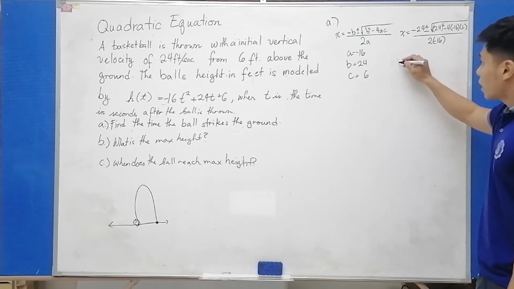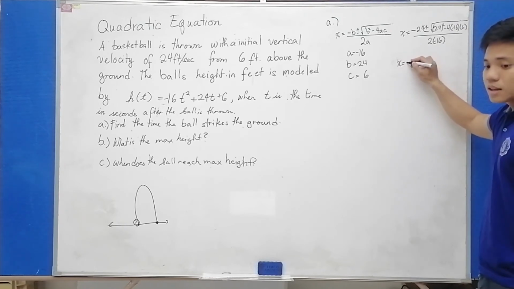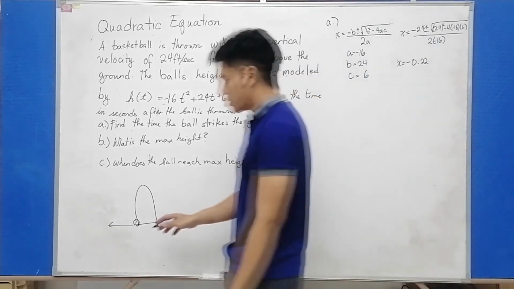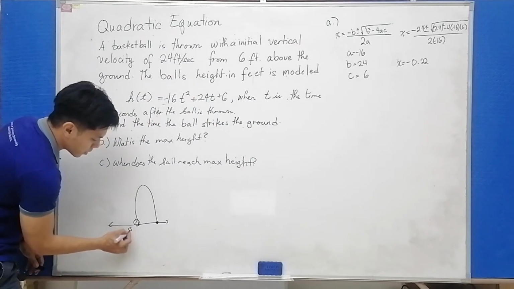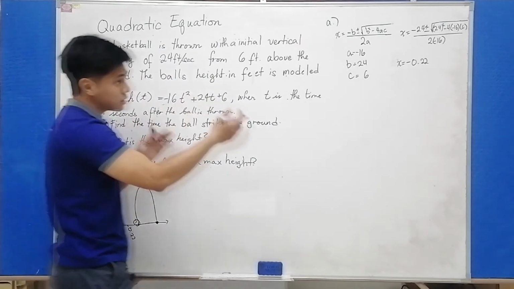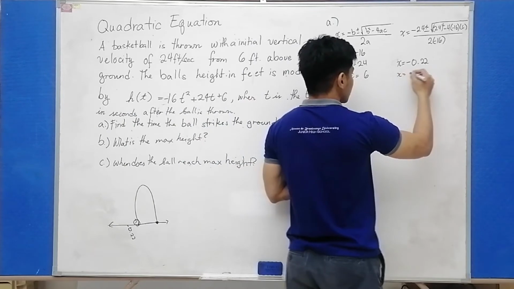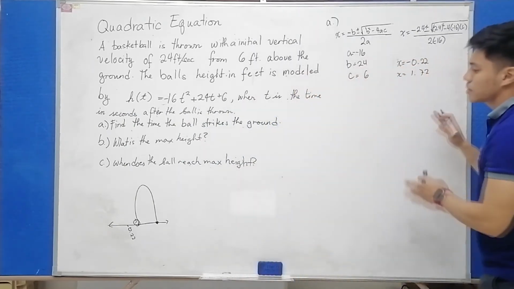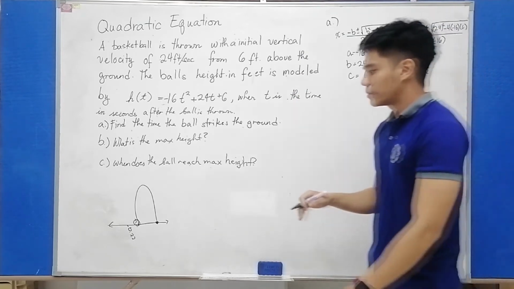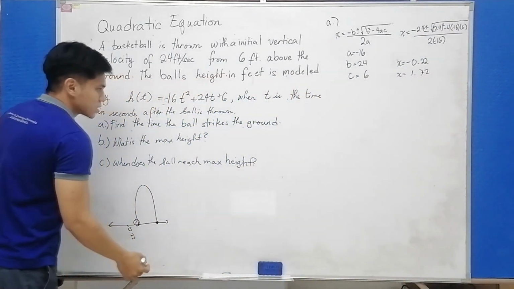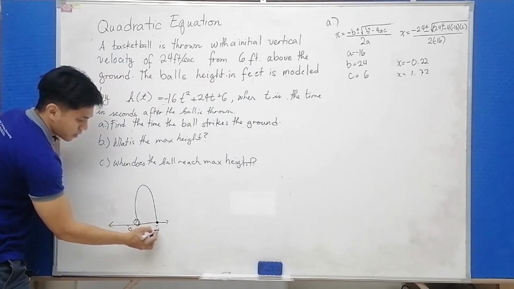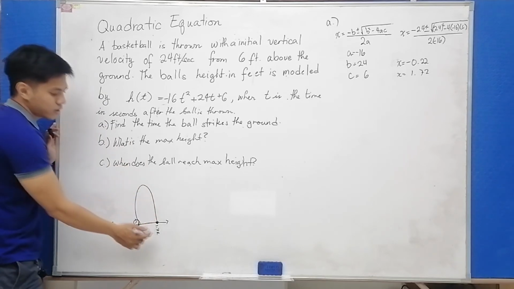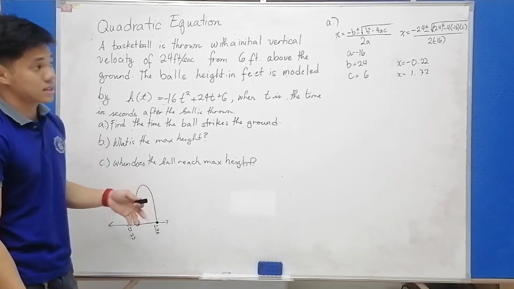The negative version, our first time, is going to be negative 0.22. So it starts at negative 0.22. If we graph it, this will be at negative 0.22. And the other root is going to be 1.72. Okay, so 1.72 is the next point. So 1.72 will be here in our graph. So looking at it, it reaches the ending point at 1.72 seconds.